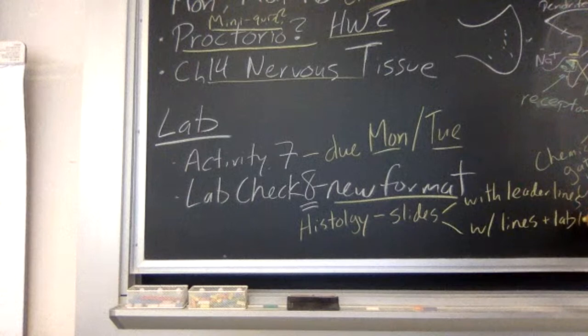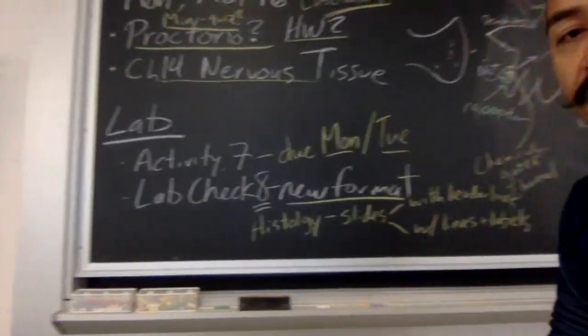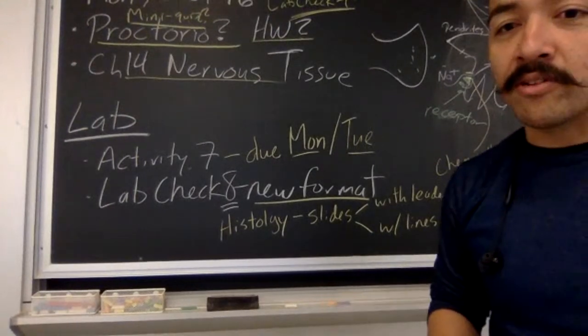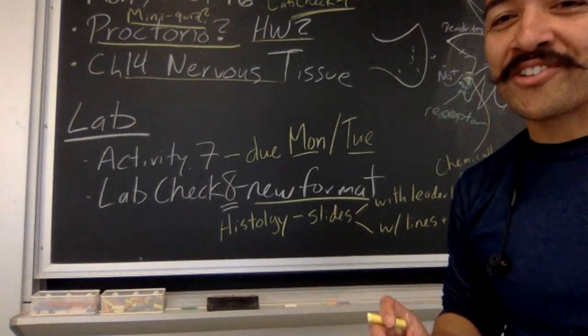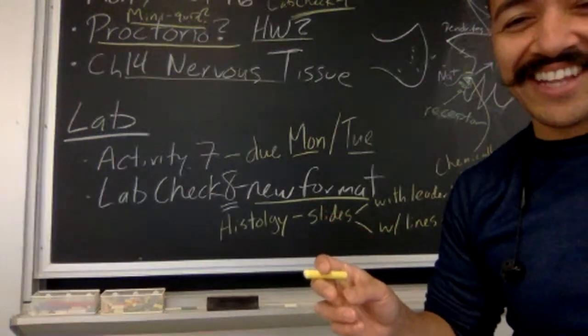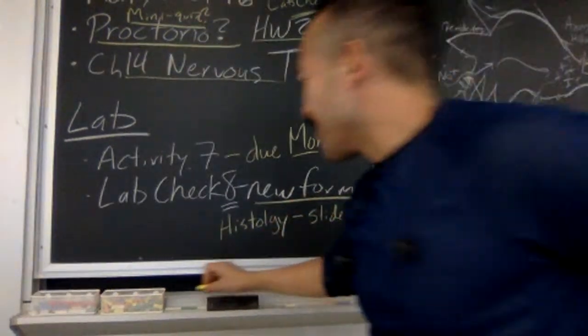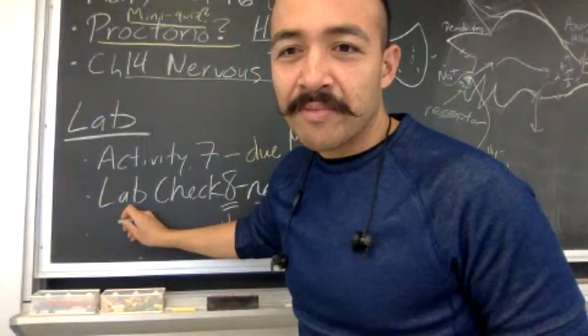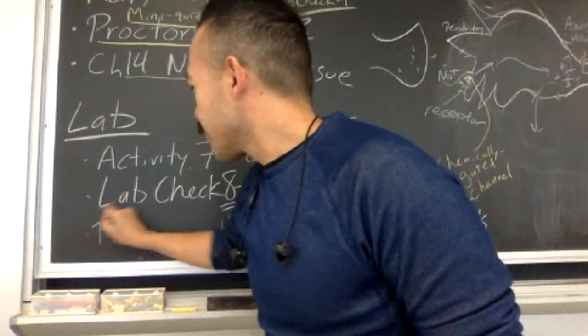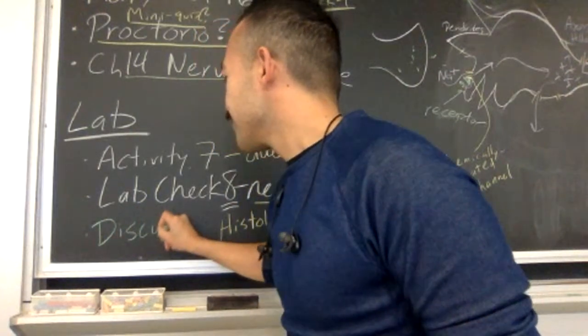So basically one's labeled, one's not, but you should add leader lines. It should not already be labeled. Thanks, Saldi. It should not already, oh no, it's Corey, damn it. It should not already be labeled. And yeah, thanks, Corey. Don't forget about your discussion. Which one is it? Chapter, whatever. Don't forget about your discussion.